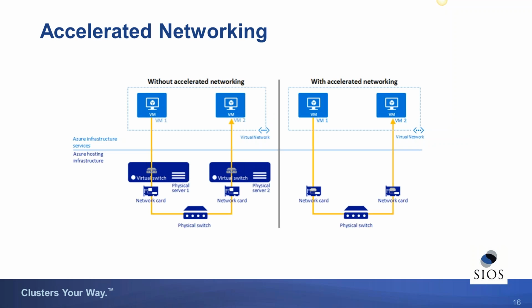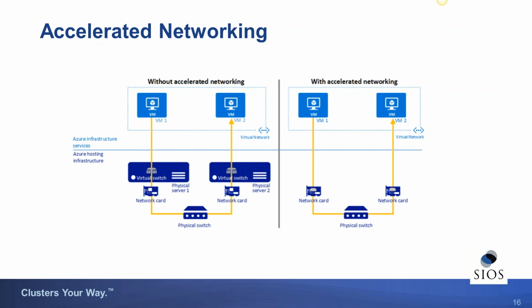Next feature, again, this was all announced back at Ignite, is something called accelerated networking. What's pictured here is a network without accelerated networking on the left, and then with accelerated networking on the right. And as you can see, basically, with accelerated networking, your VM is going direct to the physical network interface card and the physical switch and bypassing the virtual switch completely.